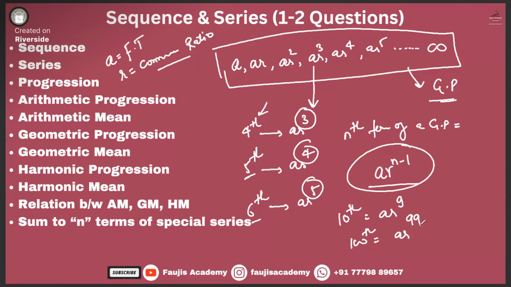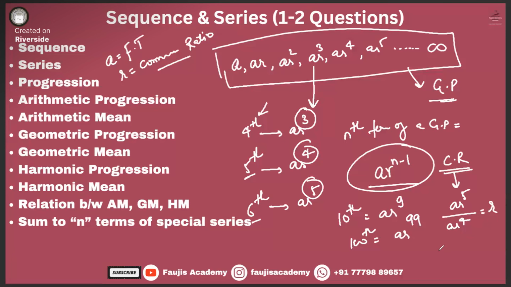Clear, guys? And the common ratio can be identified by dividing any of the terms, let's say the fifth term, by its preceding term. What will you get?